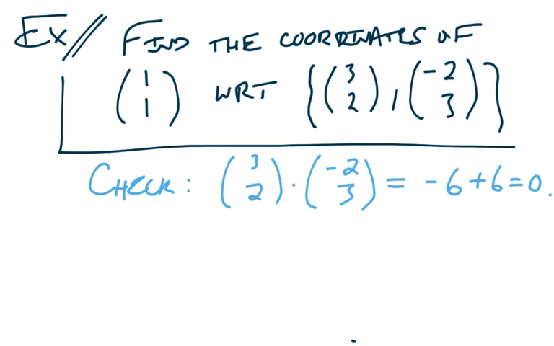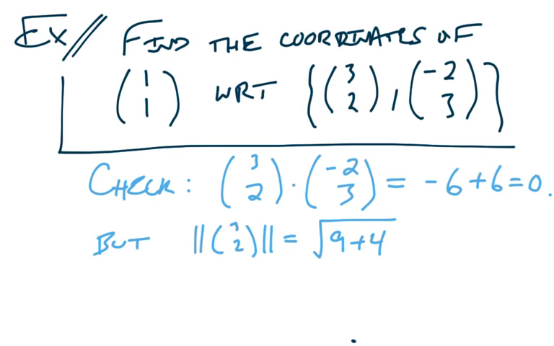So they are indeed orthogonal. However, let's check the magnitude of one of them. This is going to be the square root of 9 plus 4, which is root 13. Definitely not a unit vector.